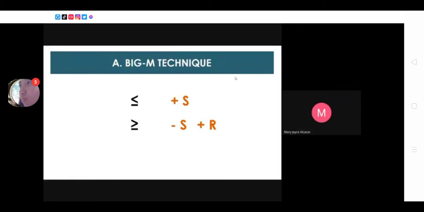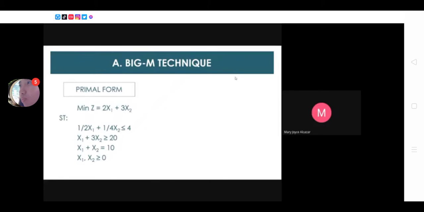So if the sign is greater than or equal to, to convert the constraint into its standard form, you have to add a negative s, then a positive r. If the equation has an equal sign, you only need to add a positive r, or an artificial variable. So that is the shortcut or the notation in converting constraints into standard form.